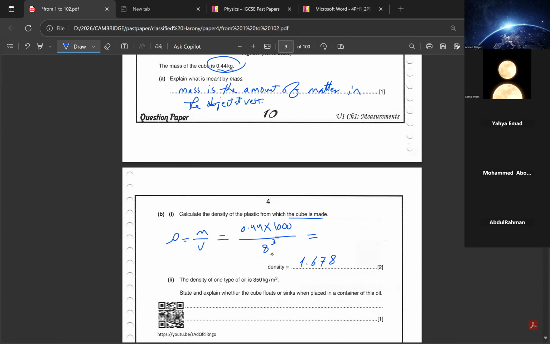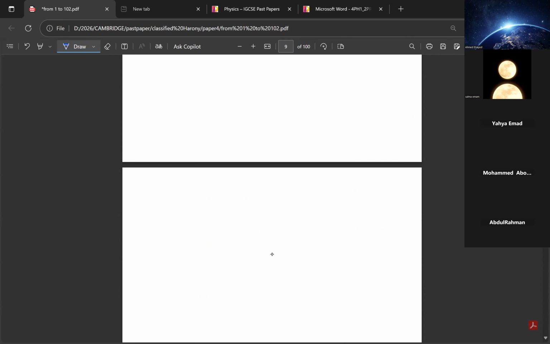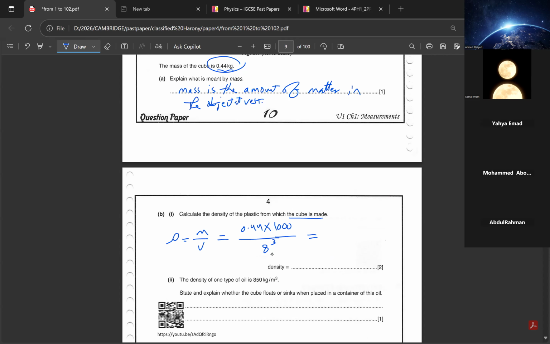Wait. 0.859. So now I will write it as what? Grams per centimeter cubed. 0.86 because we have two significant figures, Salma, right? Okay, and the unit is? Gram per centimeter cubed. Okay, now it's your turn, Yahya.